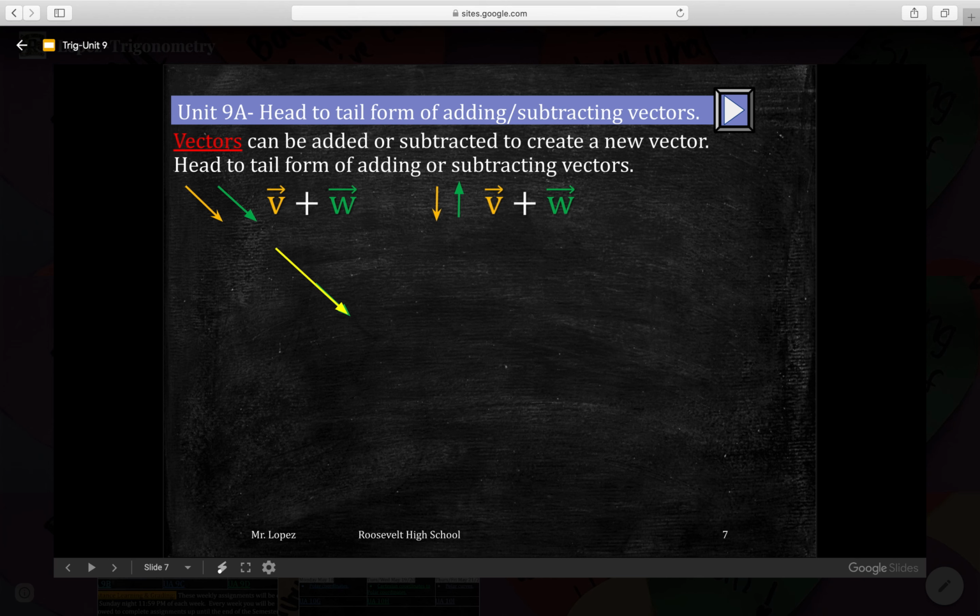Now you've got these two vectors, and if it tells you to add them, put the tail of the green vector at the head of the yellow vector, and then go from the beginning of the first vector to the end of the last, and that's the equivalent vector.